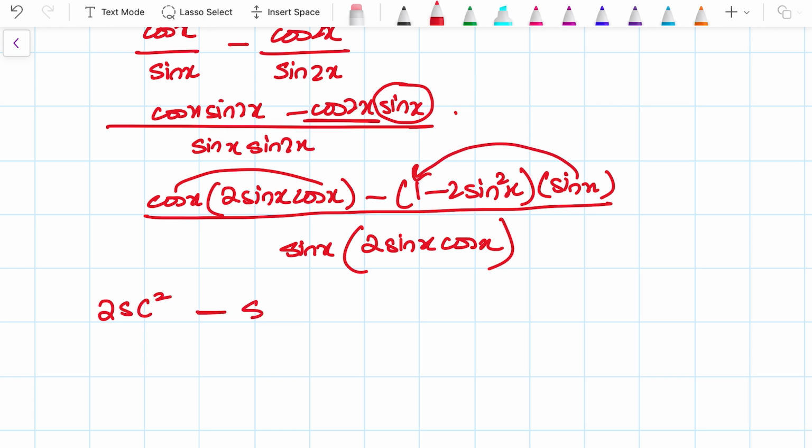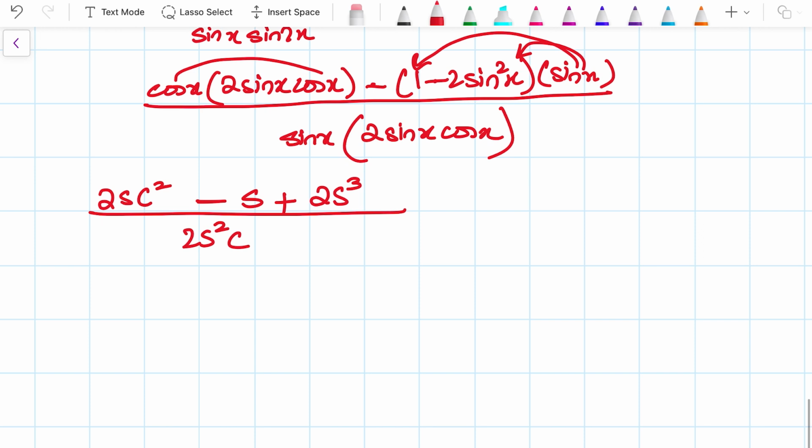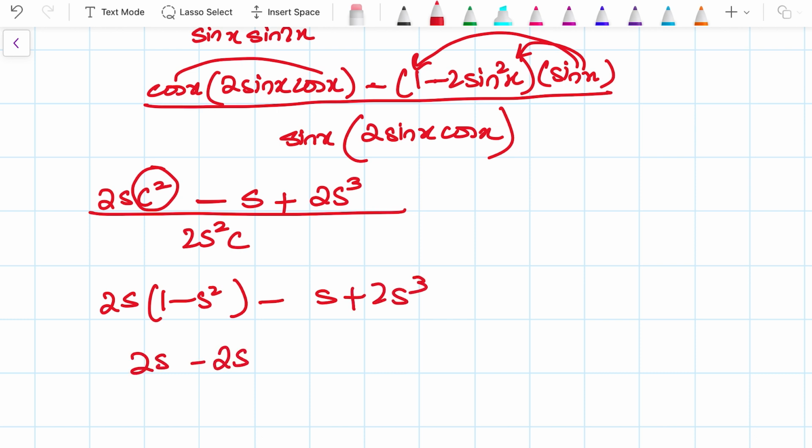Minus sine, minus minus is a plus, and 2 sine cube, 2 sine square cos. Now let's input in place of cos square 1 minus sine square. 2 sine minus 2 sine cube minus sine plus 2 sine cube.